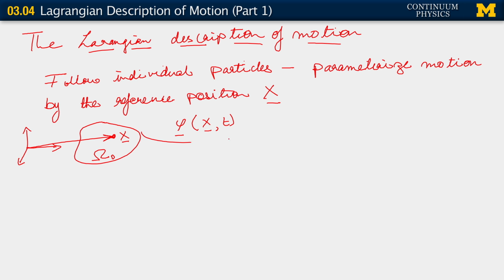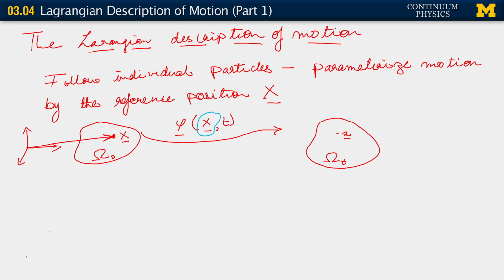And this essentially tells us that the body can go on and be deformed or undergo a motion and go to a current configuration at some time t. Okay. And that will then take this particle whose reference position was written as capital X, and take it to some position in space, which is denoted by little x. Okay? Observe that when we talk about the motion here, it is indeed parameterized by the reference position, right? So that works. So we are in a Lagrangian description of motion.